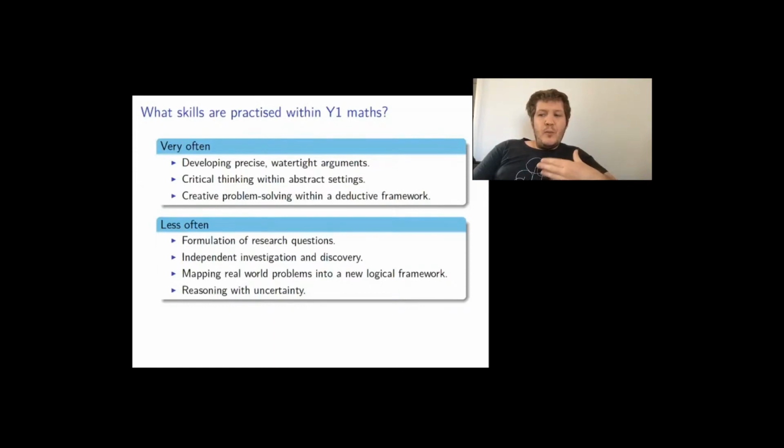So people aren't formulating hypotheses as much. I've written here independent investigation and discovery, so undirected exploration of an unfamiliar setting. That's not really something that we do so much in mathematics, although arguably it would be straightforward to do.